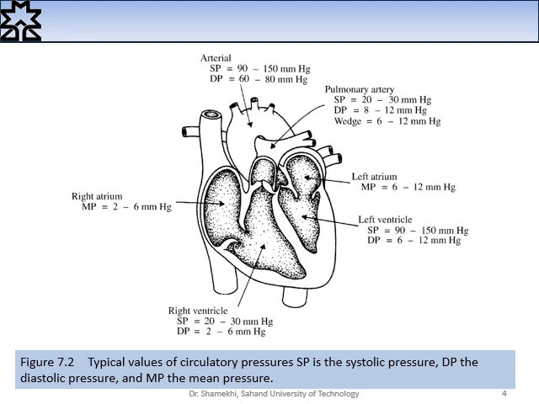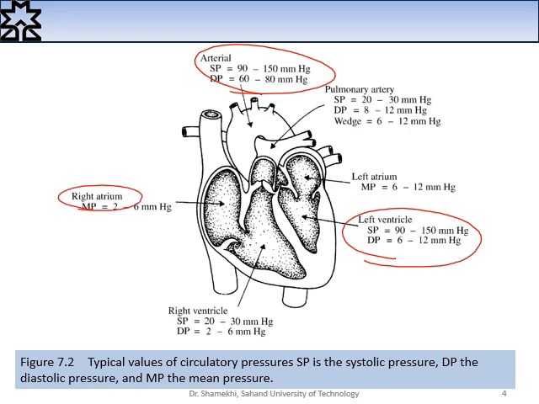It is important to know that the left ventricle and the arterial side have the highest values of blood pressure, and the right atrium and the right ventricle have the lowest values of blood pressure inside our heart and connected vessels.